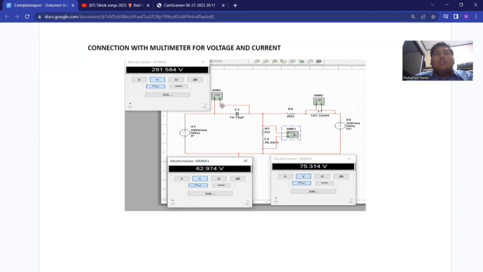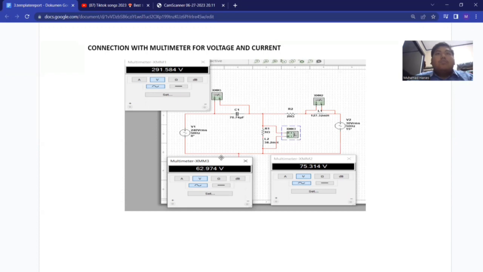Okay, from the circuit, we find that the value of voltage at capacitor is 229.584 voltage, and voltage at the inductor is 75.314 voltage, and the voltage at a load for R1 and L2 is 62.974 voltage.